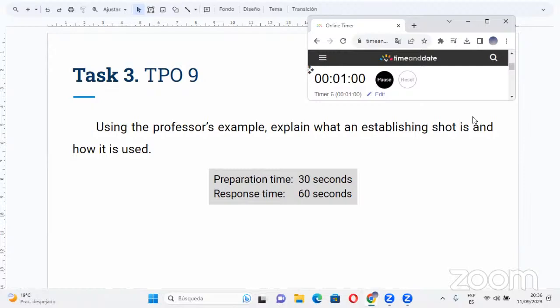According to the passage, the establishing shot is defined as background info and full rest of the scenario.